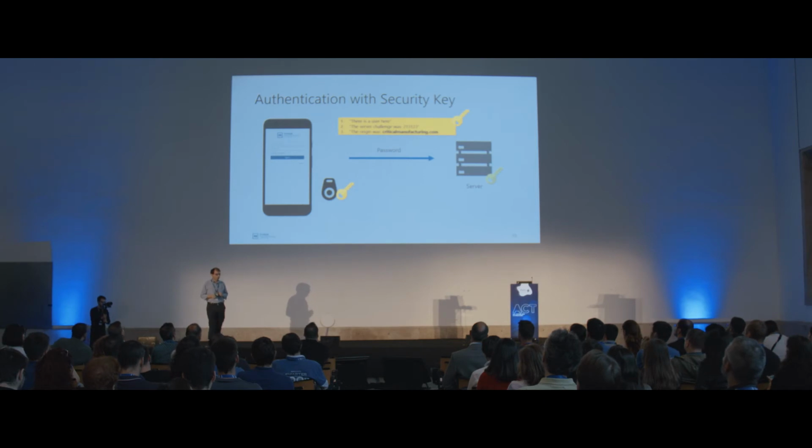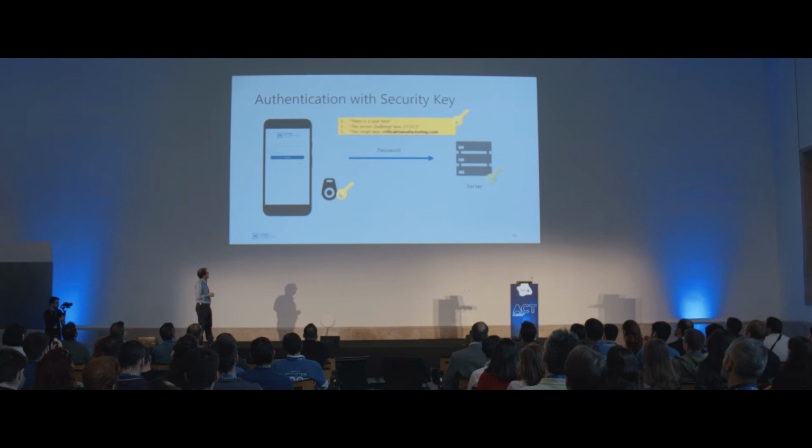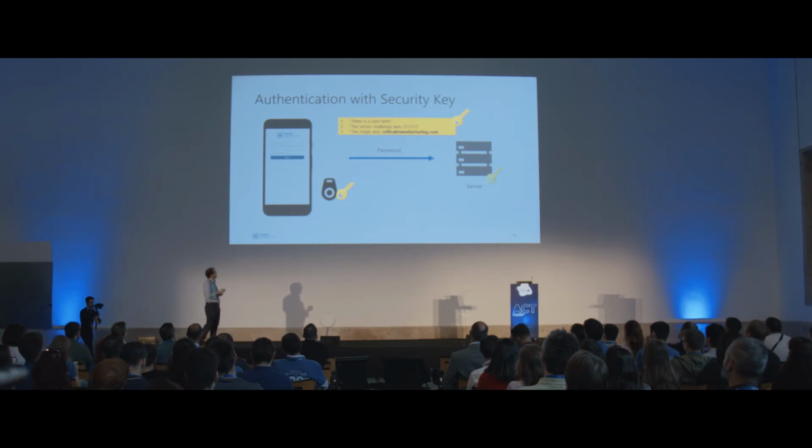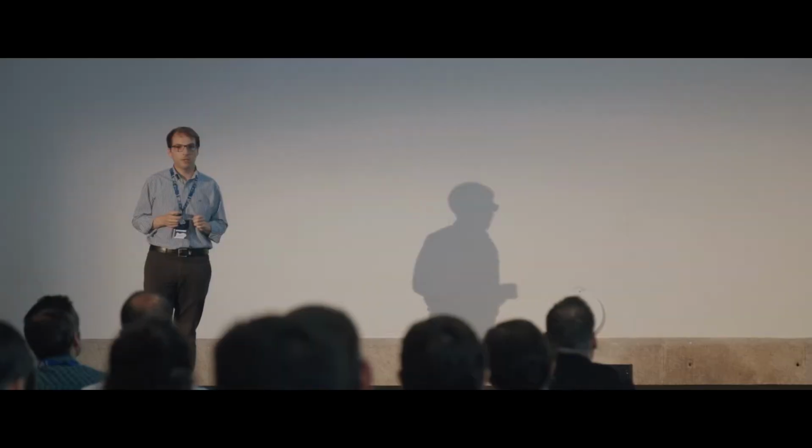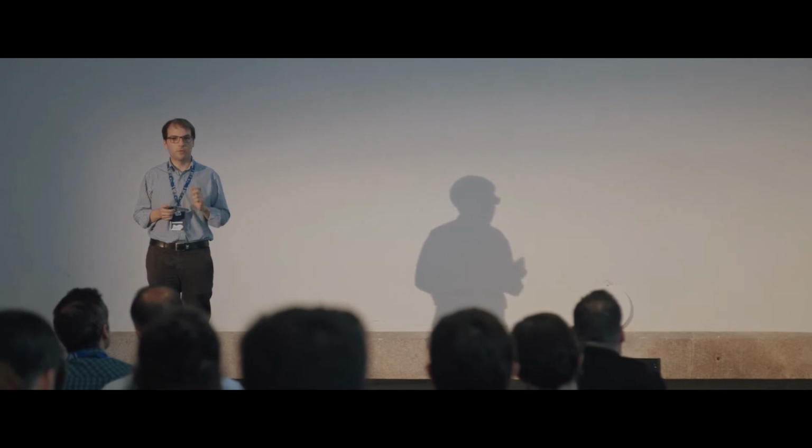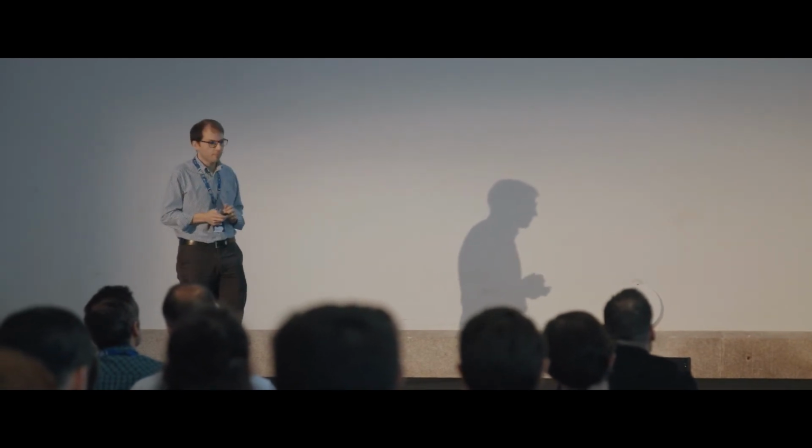So how does this work? We go to the authentication of our website. We authenticate using our password, but we also use a security key. The important thing is that the key receives the origin from the browser. So this guarantees that we are entering the same website as the original one.